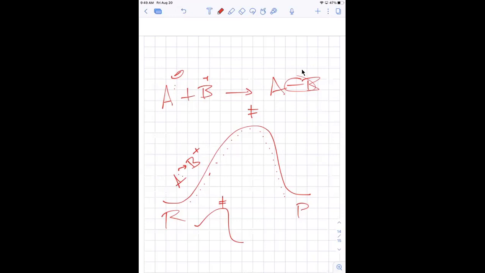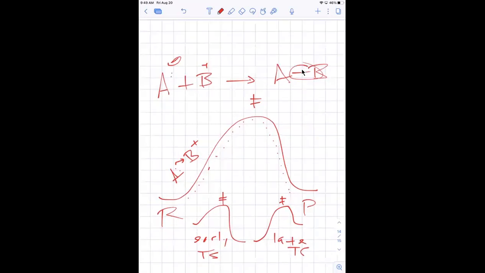And then if you think about it being endothermic, that transition state for an endothermic reaction is late. And so that's going to look more like the product than it does the reactant. So the bond formation will be more extensive.